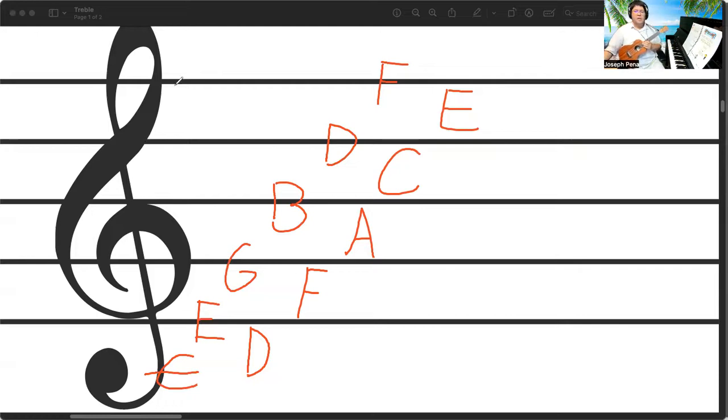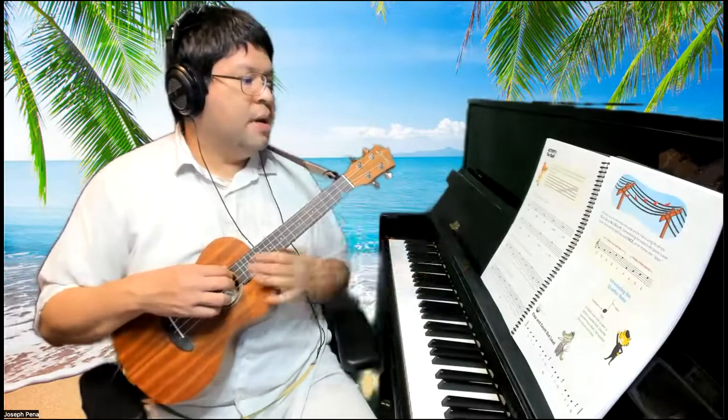On the following pages of our book, we're learning about notes that are on lines or those that are on spaces. I know it says first, second, third, fourth, and fifth line, or first, second, third, fourth spaces. That's fine to know.